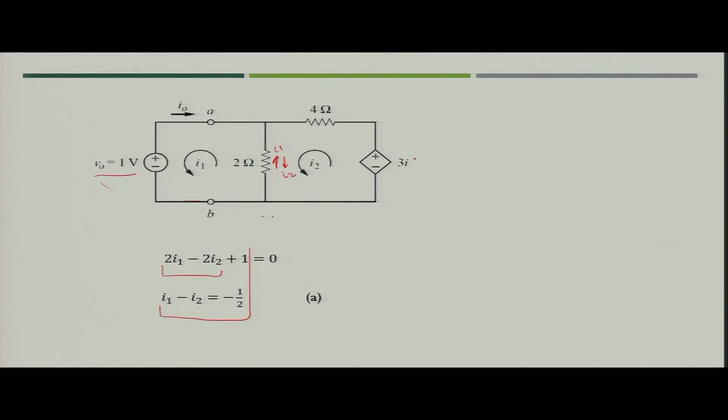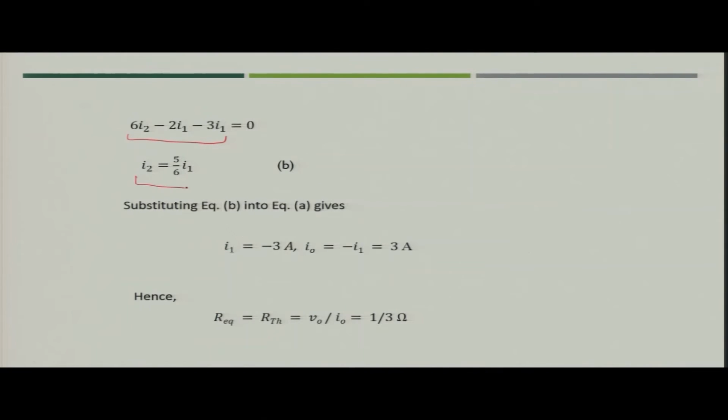The value of this is nothing but the current flowing through the inductor. This has become I1, because if we connect the inductor here, the current flowing in the inductor would be I1. When we solve, I2 will be 5 by 6 I1.